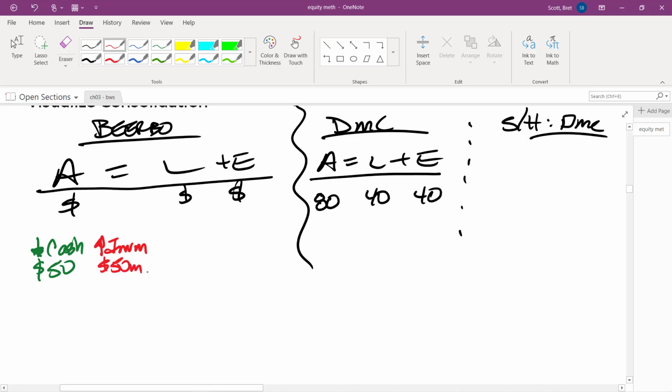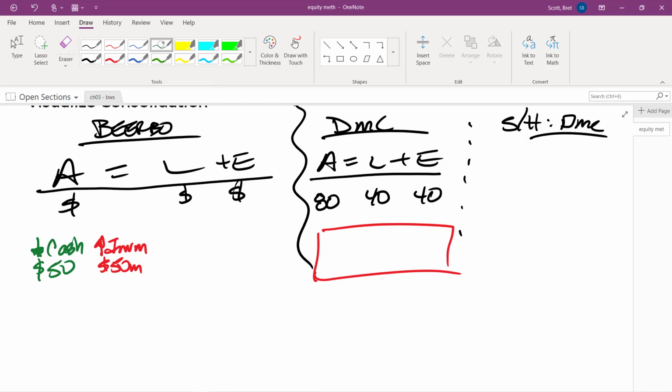So it's kind of a wash. There's no real change to our balance sheet. We're just swapping one asset for the other. Does DMC do anything at all? No. They go about their business as usual. They know that something's going on behind the scenes, but it's not with the corporation. It's really with the DMC shareholders.